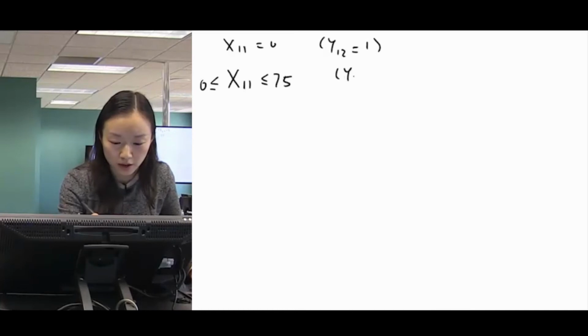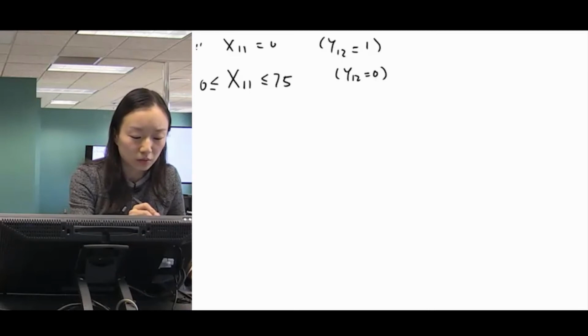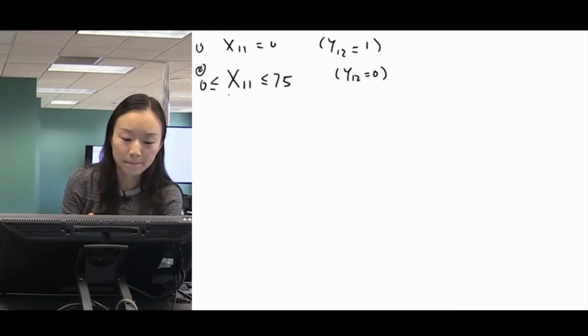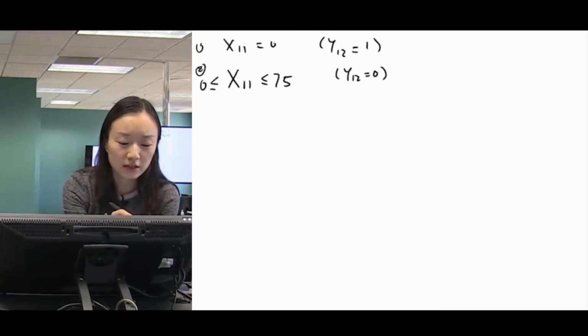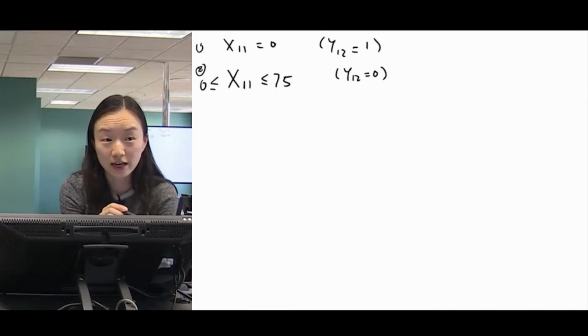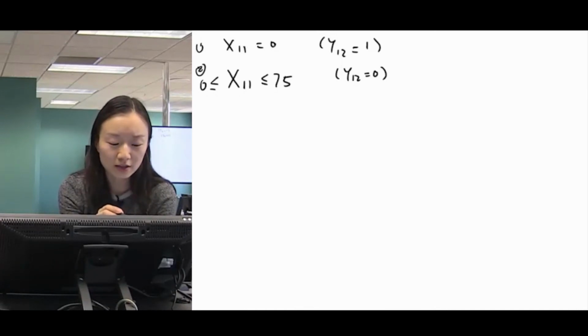At that time, my y12 is 0. These are the two situations that I want to achieve. Let's see how we write a constraint so that x11 will be 0 in one case and between 0 and 75 in the other case.